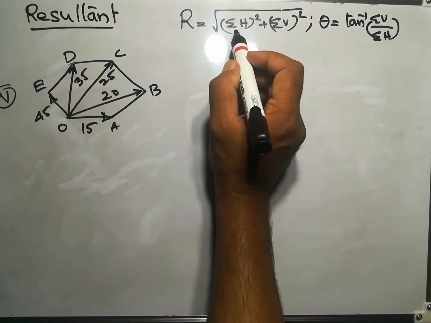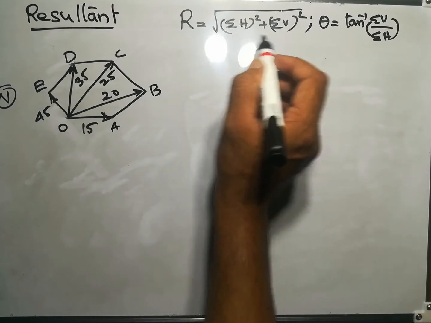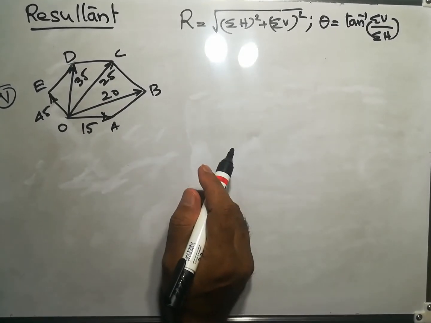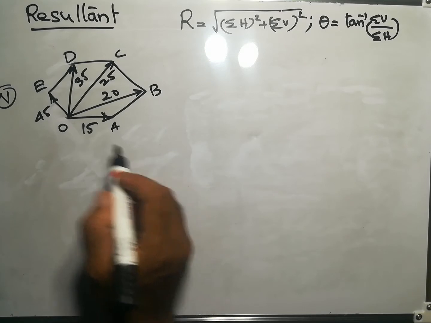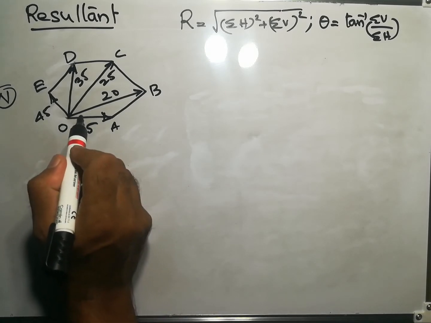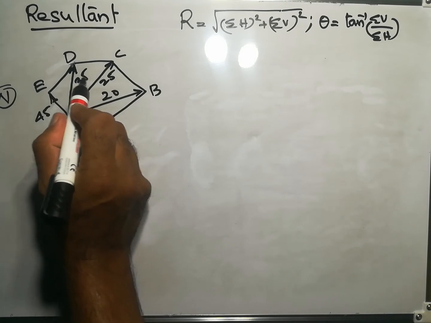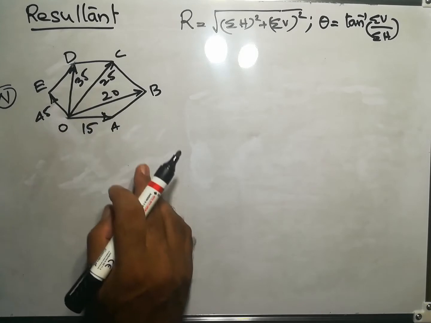Now what is sigma h? Sigma h is the algebraic sum of the horizontal components of all the forces acting on this hexagon. That means we need to find the horizontal components of each force, and then add them algebraically.